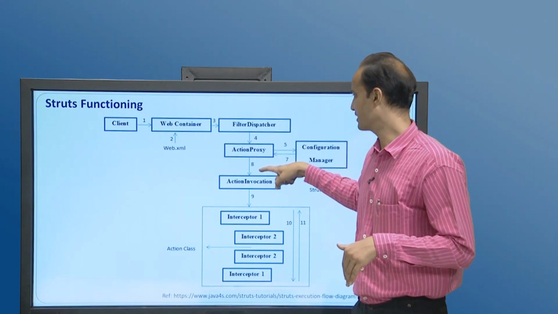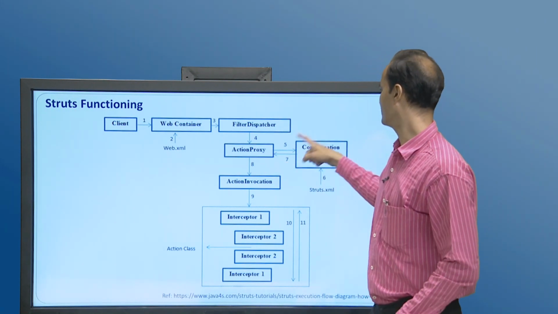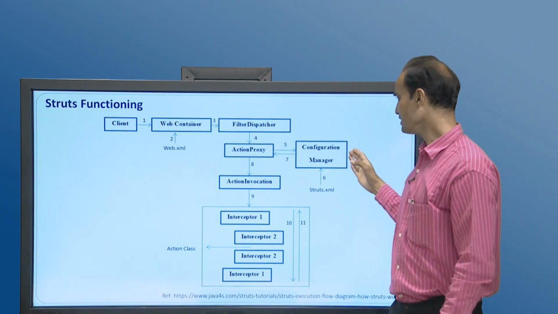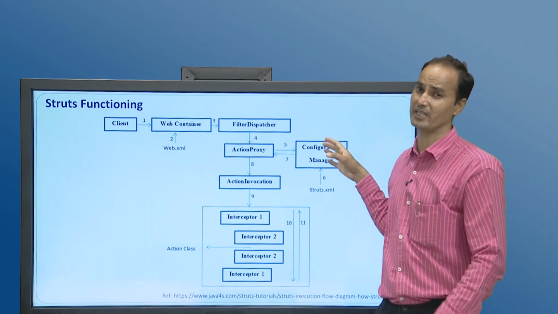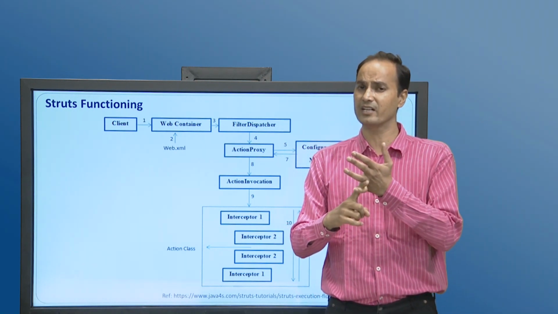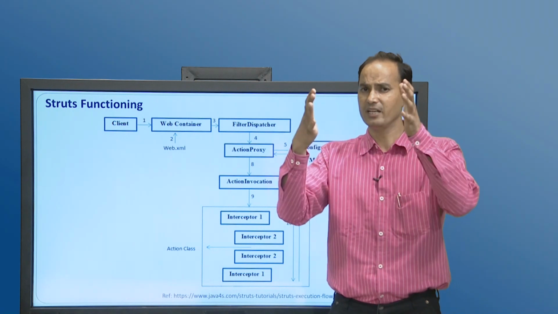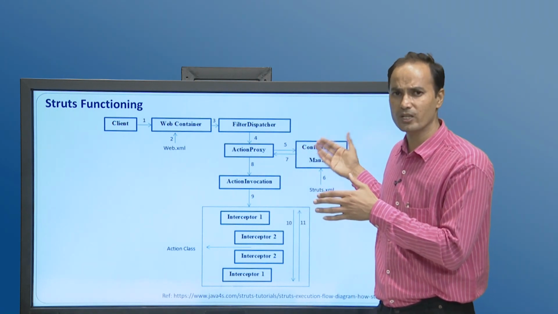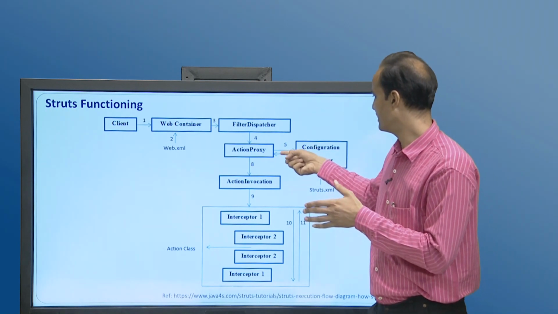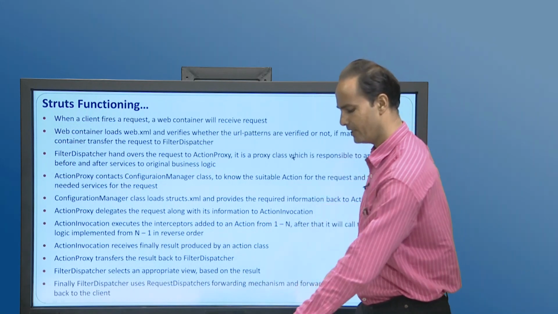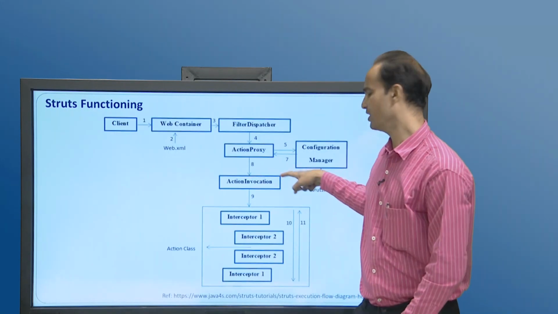Among those, the filter dispatcher decides which ActionProxy would be called. Based on the action proxy, it sends the request to the configuration manager, which is the struts.xml file. The struts.xml file holds the configuration of the application, so it checks which actions are to be invoked. Based on that, it decides and sends back that particular action class, and the mapping is in the ActionInvocation.